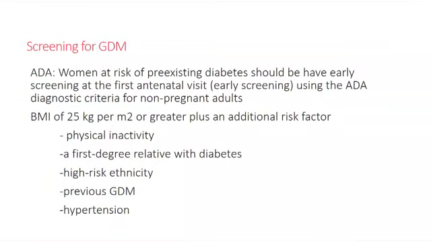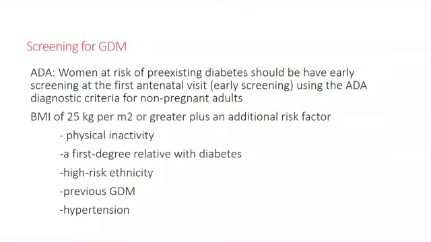So how do we screen? The ADA recommends a woman at risk, which we mentioned, should have early screening at the first antenatal visit, so-called early screening, using the ADA diagnostic criteria for non-pregnant adults.